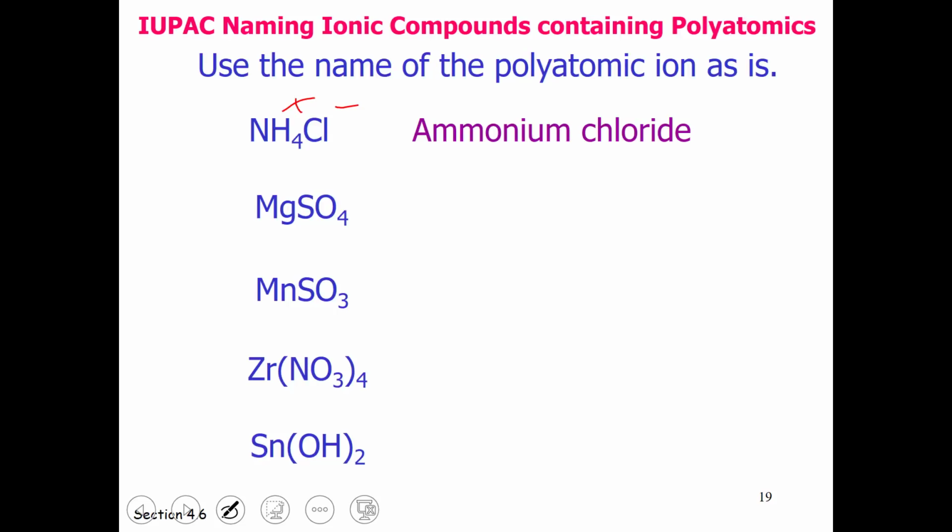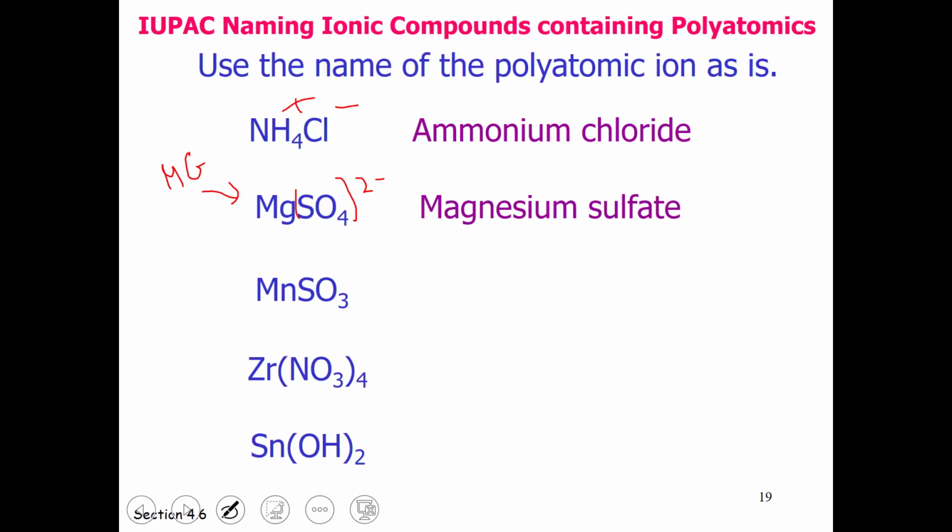Hopefully, you look at the SO4 and you say, hey, wait a minute, didn't I just see an example where there was an SO4 2-? Yes. And magnesium is a main group metal. So we don't need to specify the oxidation state. This is just going to be magnesium sulfate.